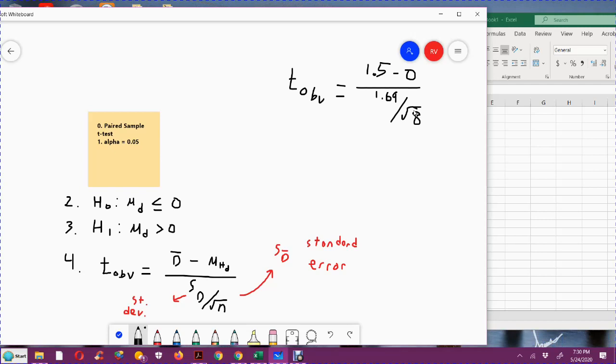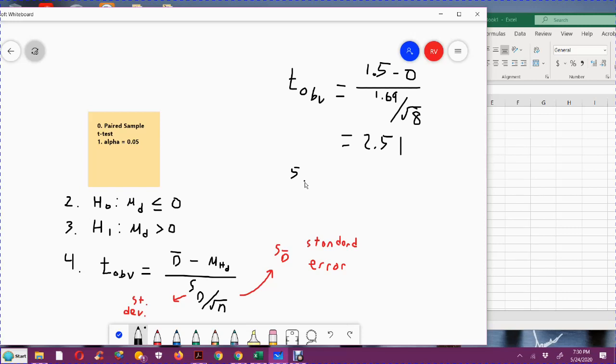I'm going to do the reciprocal of that and then times it by 1.5. So I get 2.51 approximately.